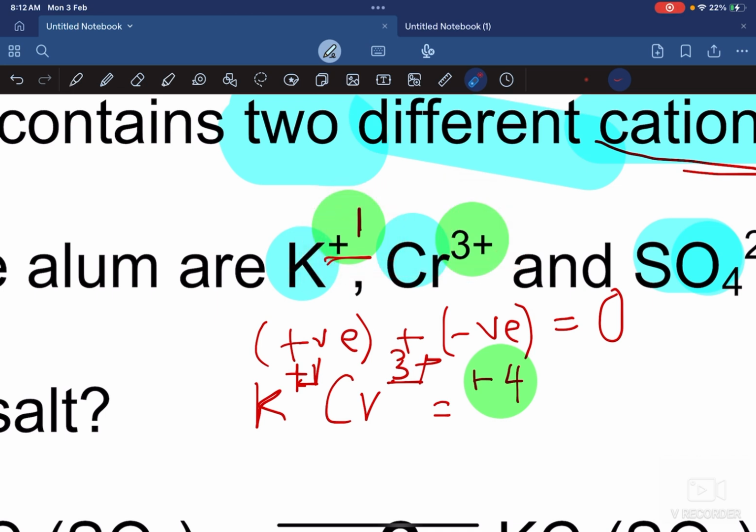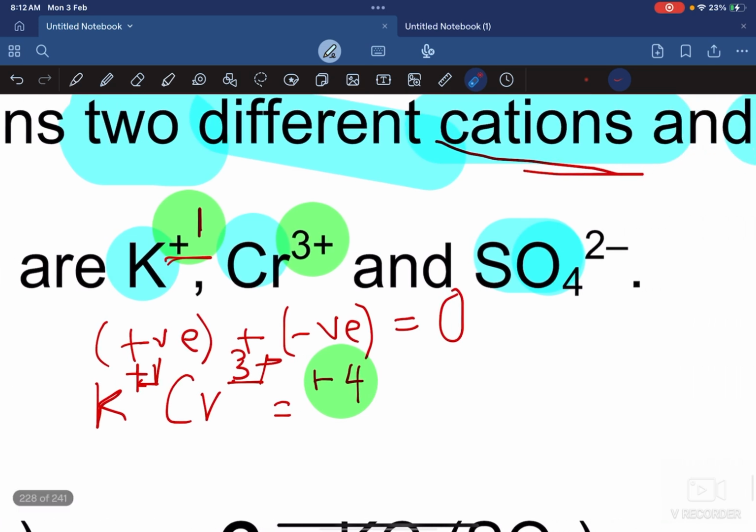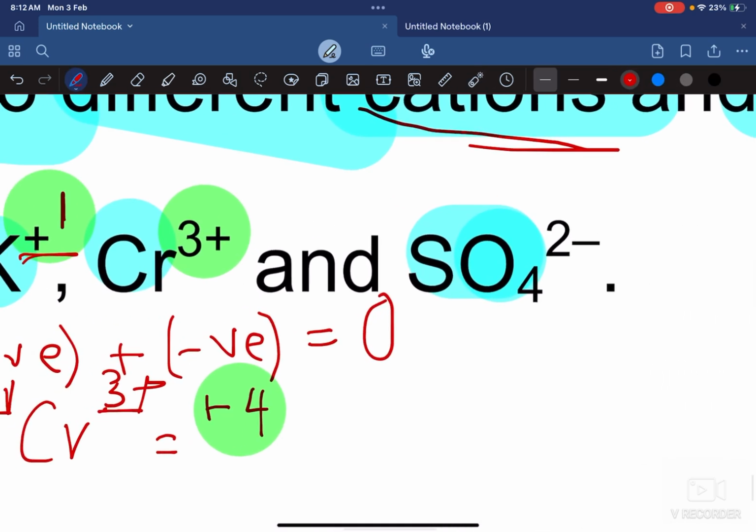Now let's move on to the sulfate part. We know that we have only 1 anion, which is sulfate. There is no anion except sulfate, so sulfate's gonna have a charge that should balance out this +4. Now, one sulfate has a charge of 2 negative. However, we need that amount of sulfates that balance out +4.